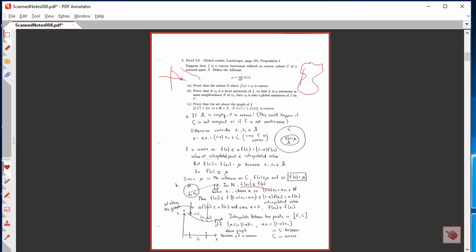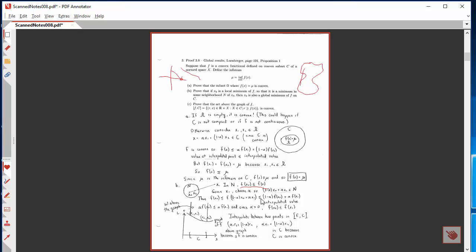Now we pick some point x1 outside the neighborhood n, but we choose a nice small alpha, so that when I take alpha times x1 plus 1 minus alpha times x0, we're on the same line but inside n. And then I can say f of x0 is, by virtue of the local minimum property, less than or equal to f of the point x2.